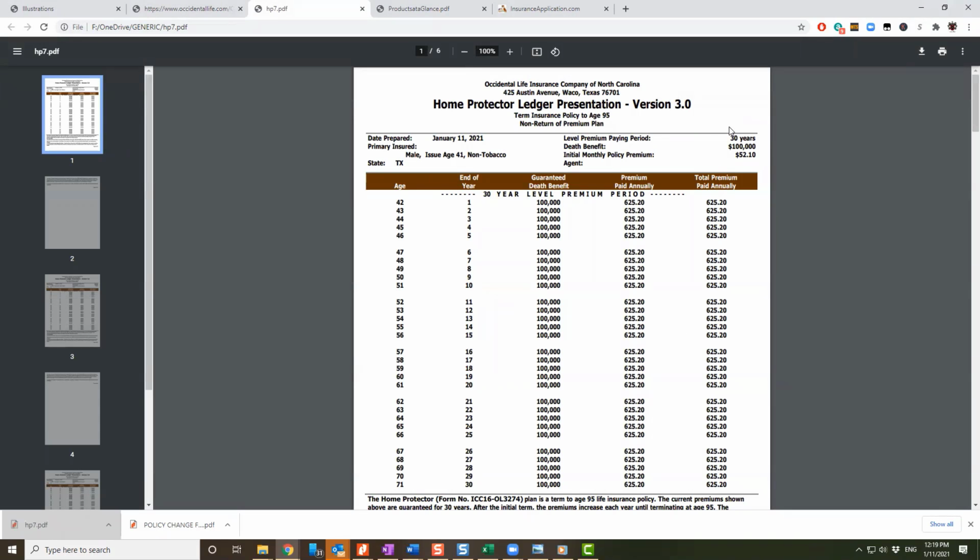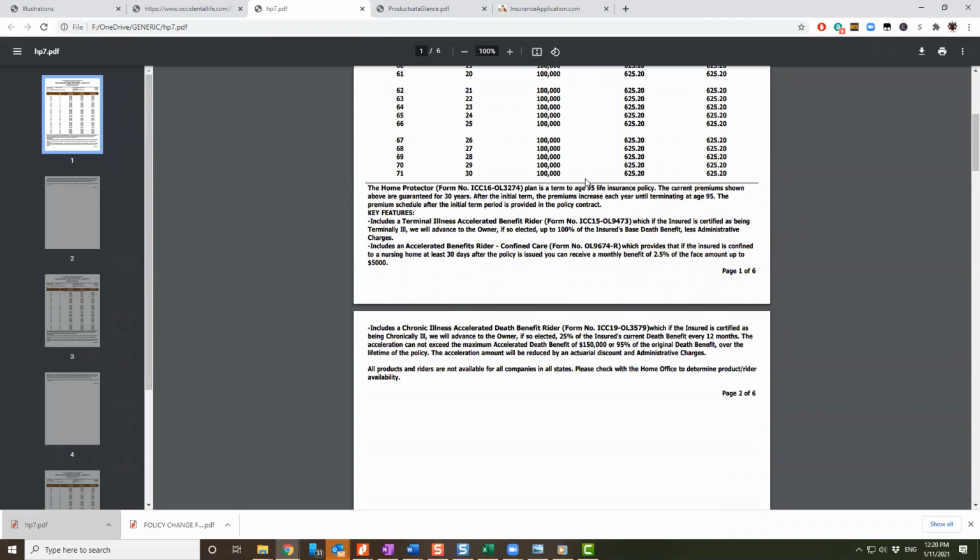And then I'm going to go, okay, so the 30-year for a male that's 41 years of age is $52 for $100,000. Well, that's kind of okay, but let's look at the bottom. At the bottom, it says the key features, we include terminal illness, like I said it would.